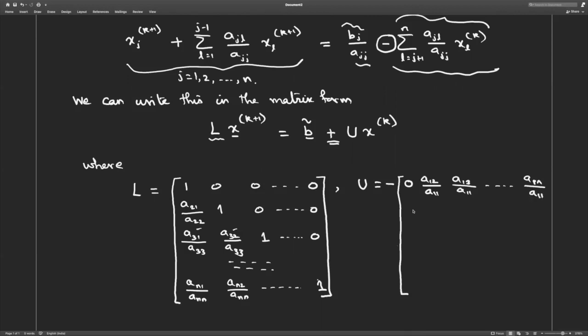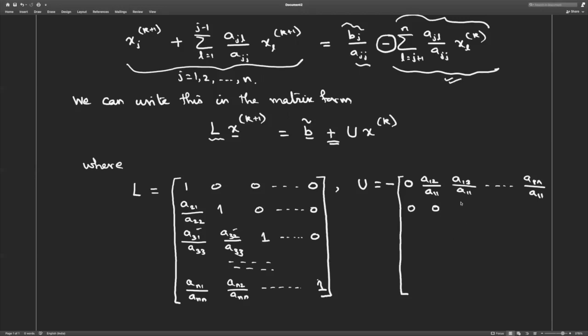And similarly for the second one, well, the first term was computed using the k plus 1th iteration. Therefore, it already went to the left hand side and made a 0 here. And the diagonal is always kept on the left hand side. Therefore, that is also 0. And what happens to the rest of the things? Well, they are surviving on the right hand side.